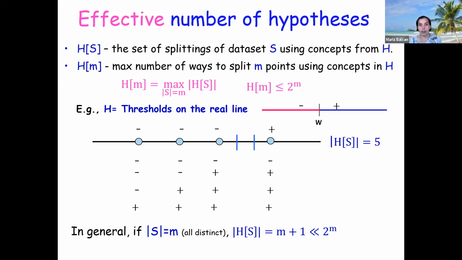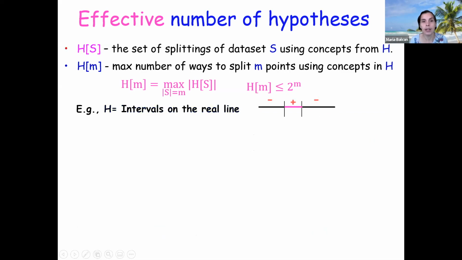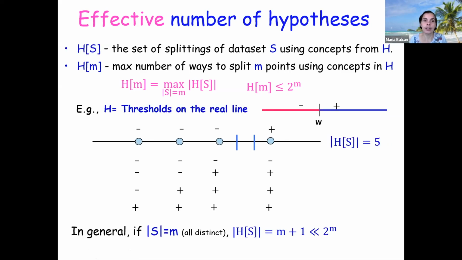This makes sense because this class of thresholds is a very simple class of functions. Indeed, the effective number of labelings being used over M points is only M plus 1, much smaller than 2 to the M. So this is for the case of thresholds.